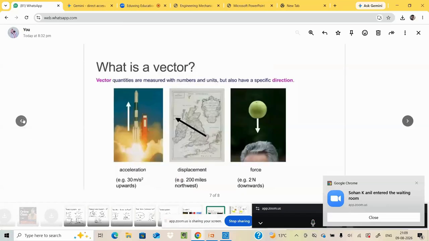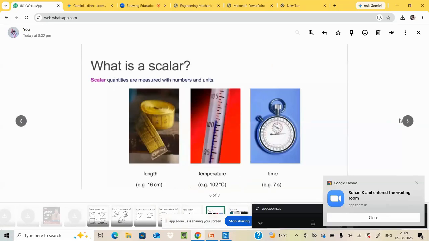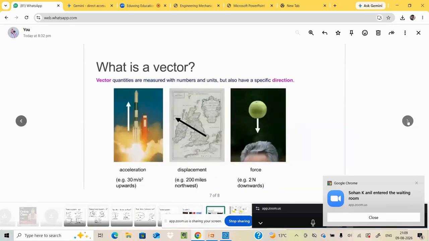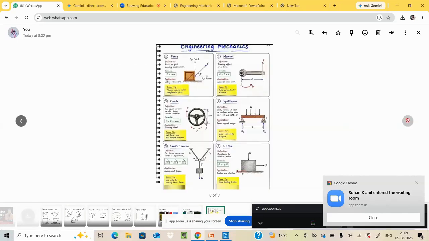Vector and scalar, no. Go by that one. Next one. Yes, sir, the last. Engineering mechanics, that last one, friction, you did not extend that one, he is telling. Which one, sir? Friction. Okay, friction, the last one. Oh, I just didn't see the friction.